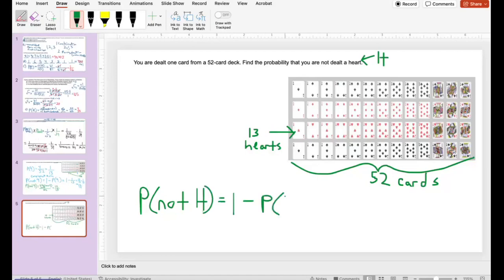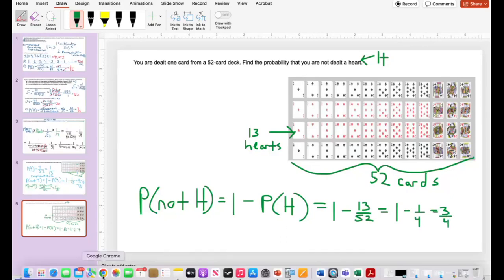So it's that same complement rule we did earlier. There's 13 out of 52, right? 13 out of 52 reduces to 1 out of 4. So it's 1 minus 1 out of 4, which is just 3/4. Is that understandable? Yeah. Okay.